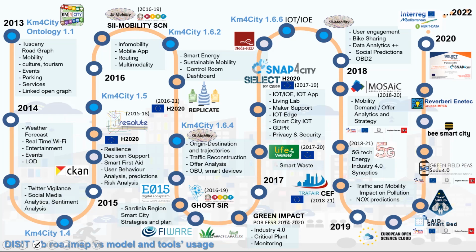In 2015, we took the Resolute project, exploiting the infrastructure, and then the C-Mobility project and challenge, and then replicated other flagship projects. We became compliant with FIWARE, and a lot of projects, tools, and cities connected to us during this roadmap, in which we are now in 2020.